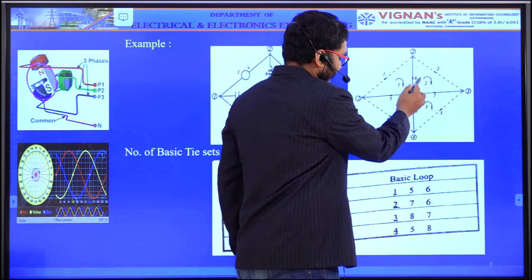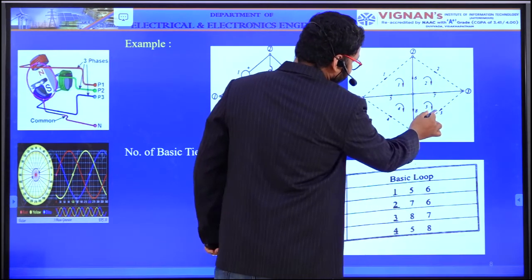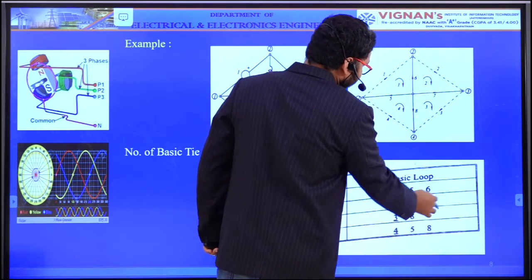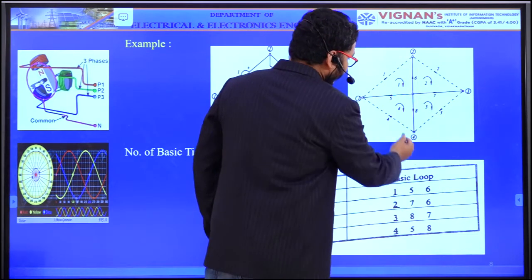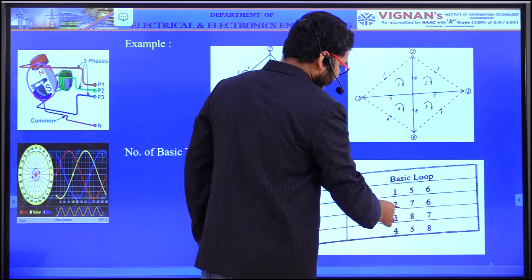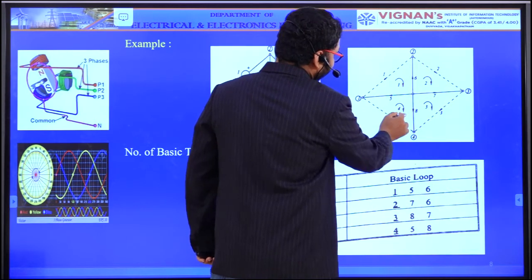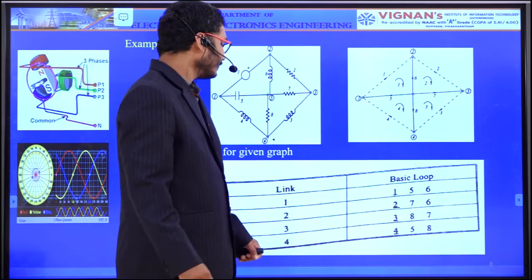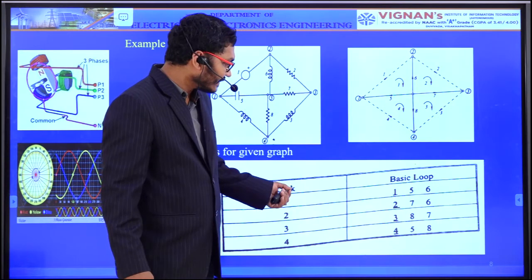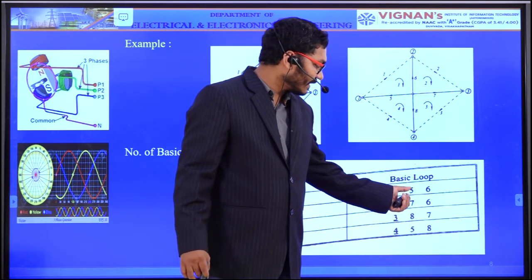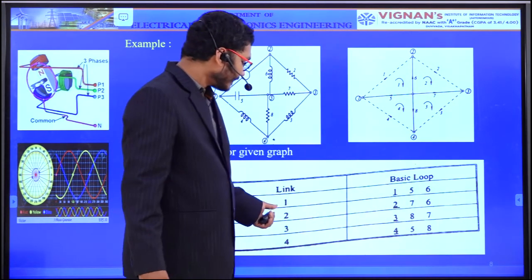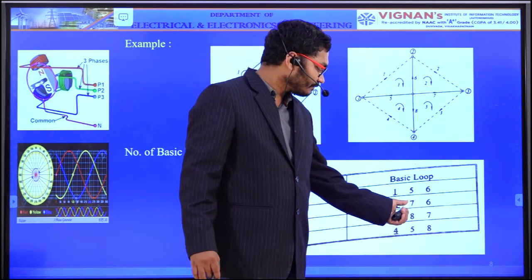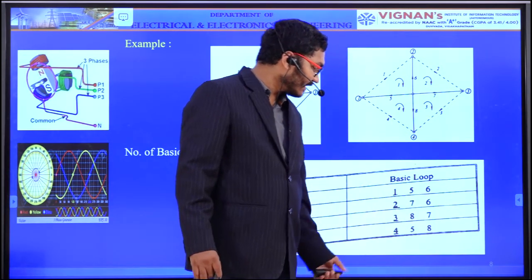Next, 3, 7, 8, or 3, 8, 7. Then 4, 8, 5, or 4, 5, 8. These are the related branches. So for tie set 1, the related branches are 1, 5, 6. For tie set 2, the related branches are 2, 7, 6.